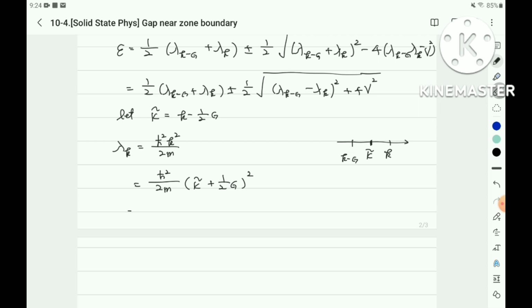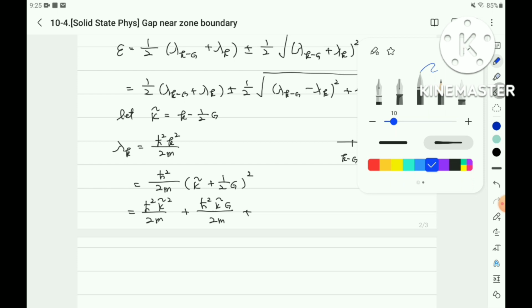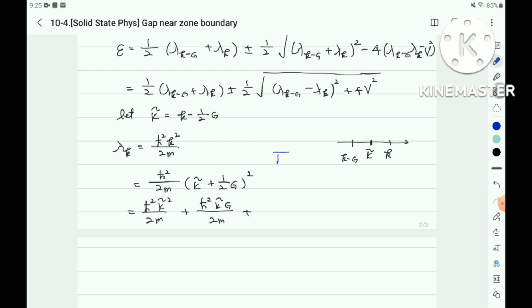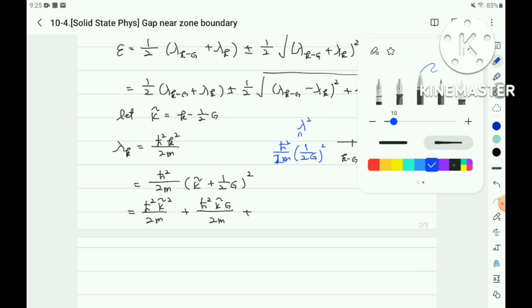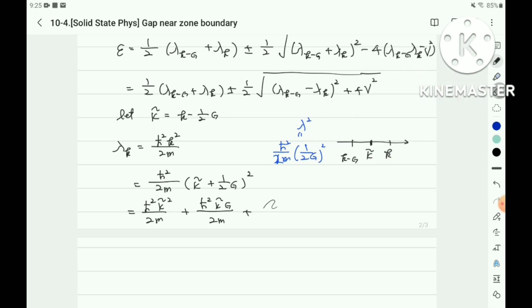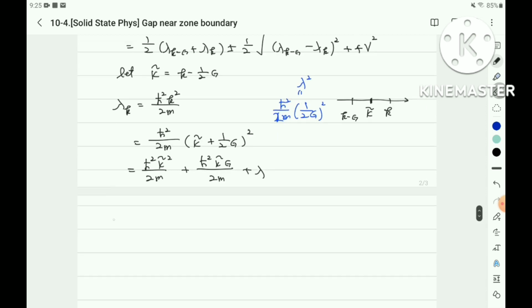Then it is h bar square k tilde square over 2m plus h bar square k tilde g over 2m plus, in this case, h bar square over 2m times (1/2 g) square is the final term. Here that is lambda, the kinetic energy at the zone boundary.